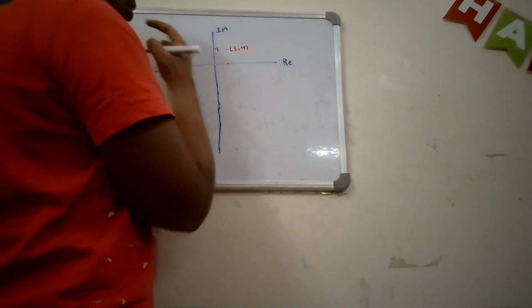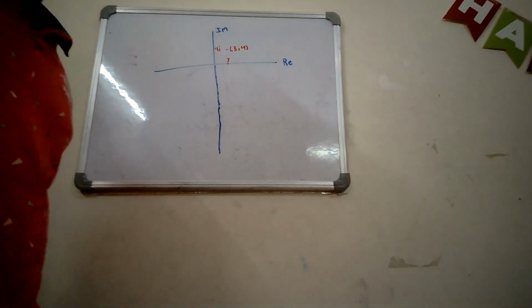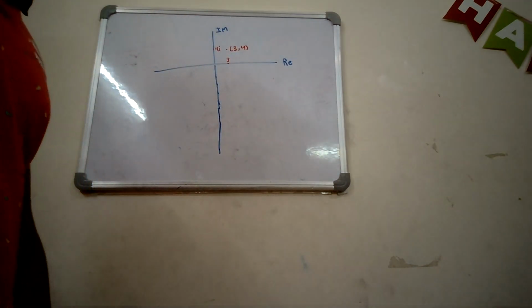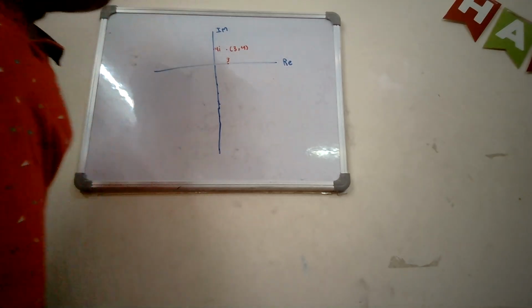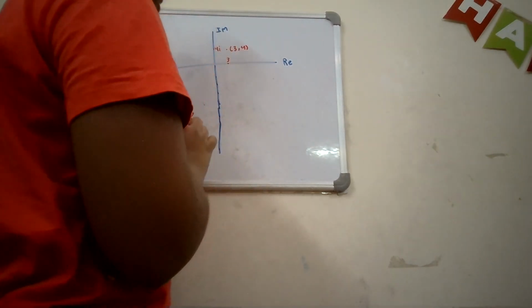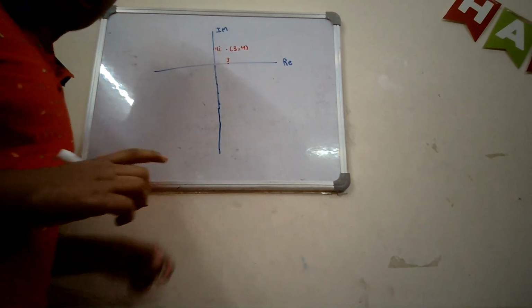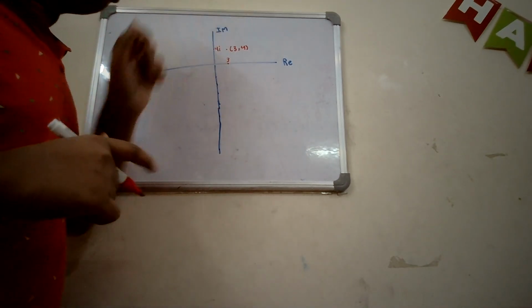This would be 4i, and this would be 3. Sorry for the confusion, my mind is kind of exploding. But anyways, we have the complex number 3 plus 4i, which makes the point 3, 4.